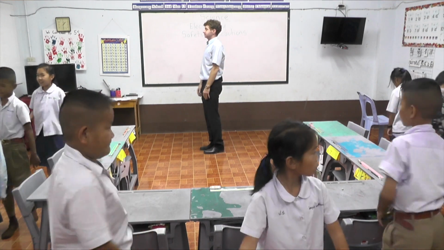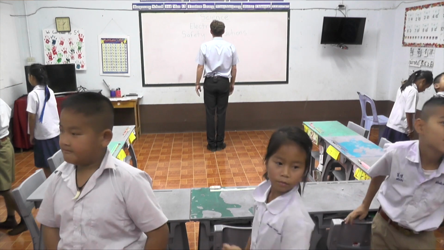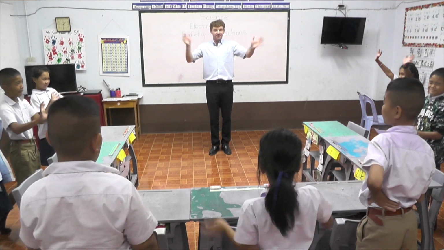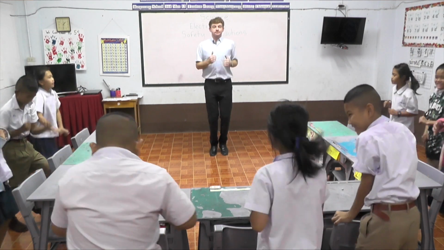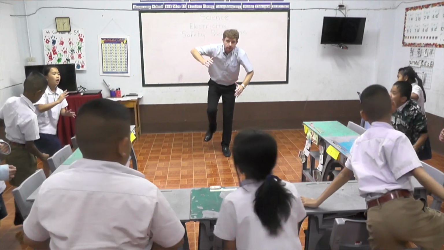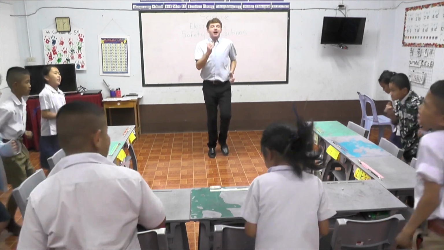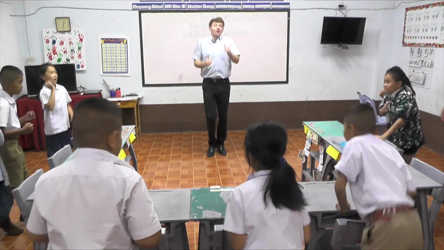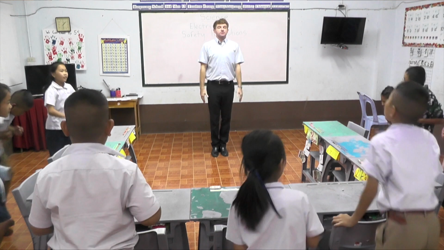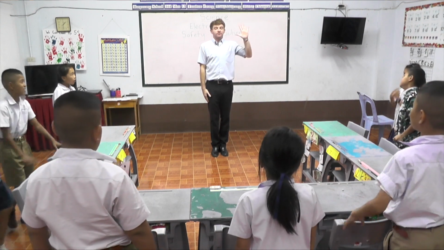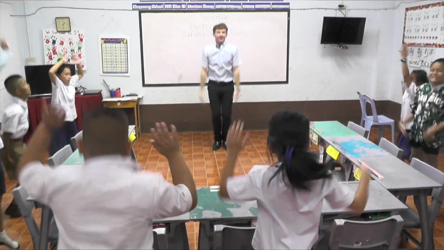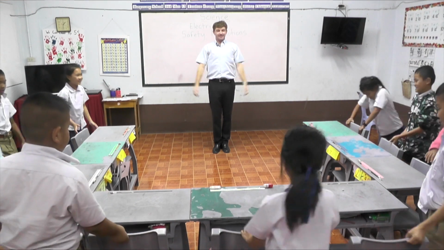Turn right. Right again. Another right. Jogging on the spot. Slowly. And quickly. 5, 4, 3, 2, 1. Stop. And to finish, 5 star jumps. 1, 2, 3, 4, 5. Excellent, guys.